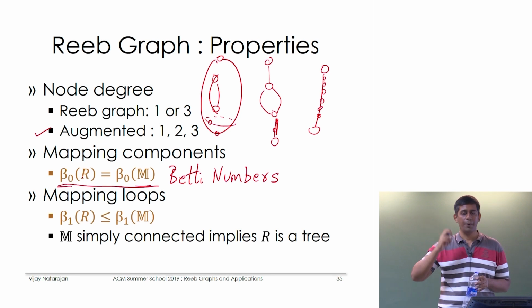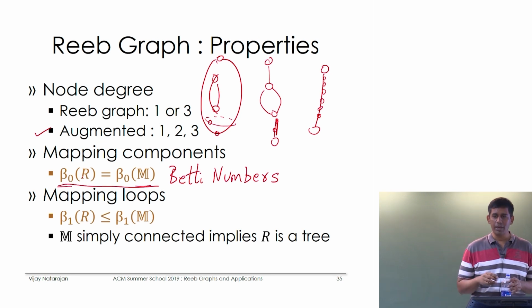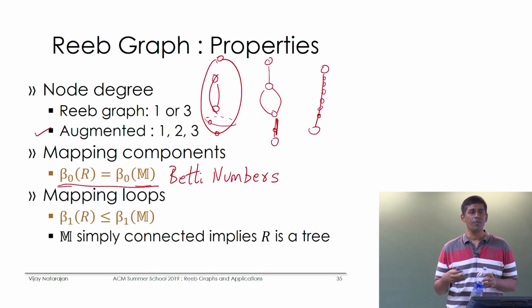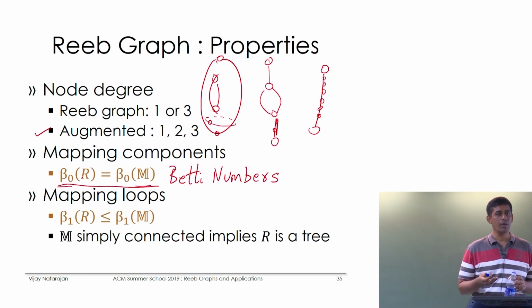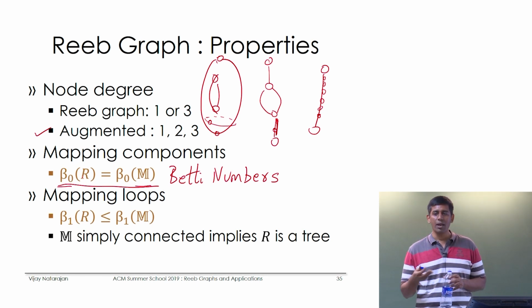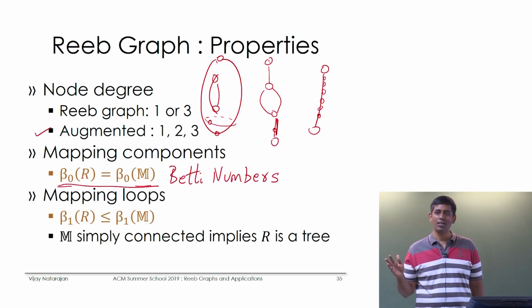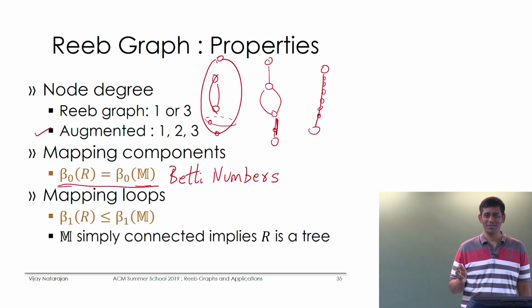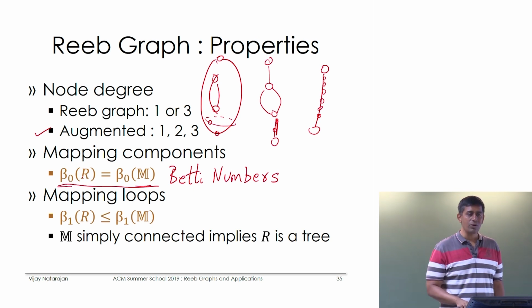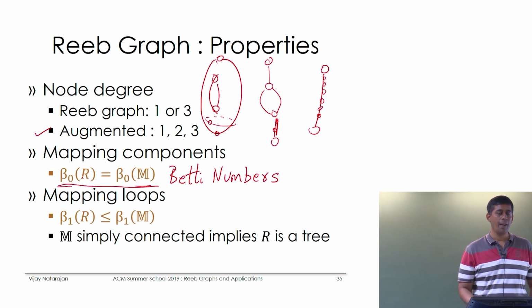We already saw that the number of nodes, the number of critical points, can change. The question is, can the number of cycles change? Can you define a Morse function on the torus such that the Reeb graph has no cycles? It turns out the answer is no.